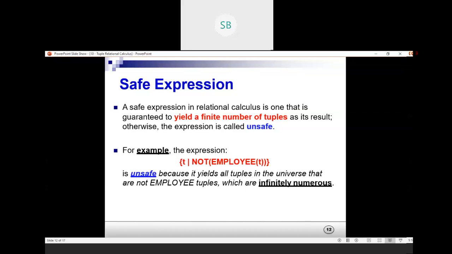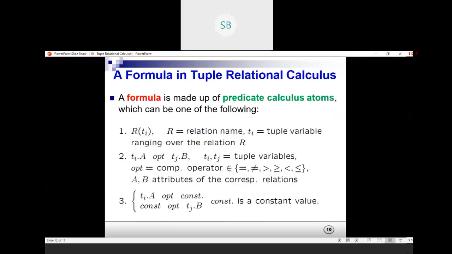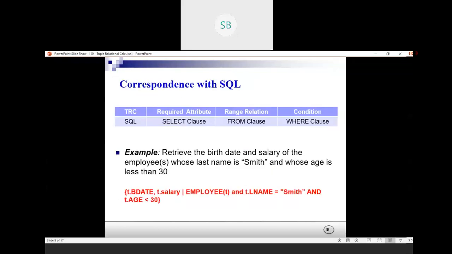But the other expressions we have seen before are safe. Why? Because we know it will retrieve only those tuples from the employee table whose last name is Smith and age is less than 30. So only those tuples will be limited, right? We can count them.